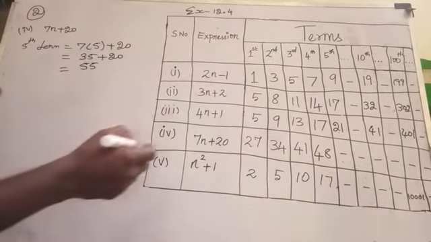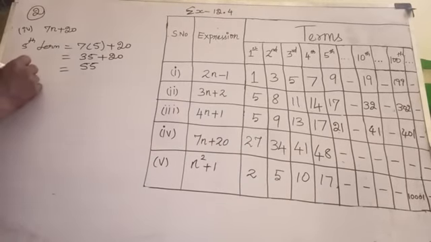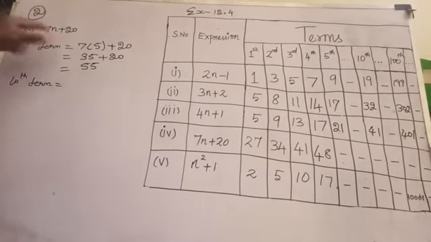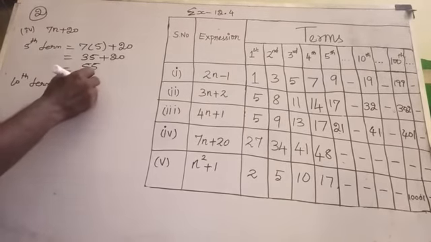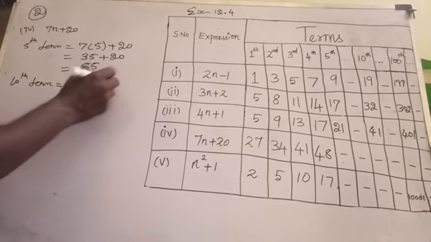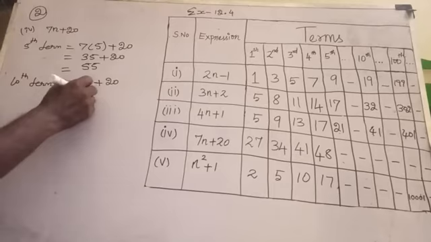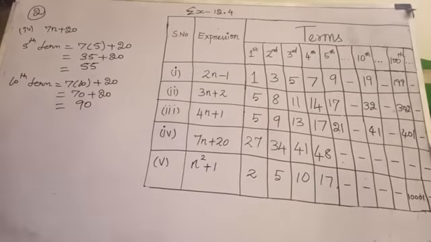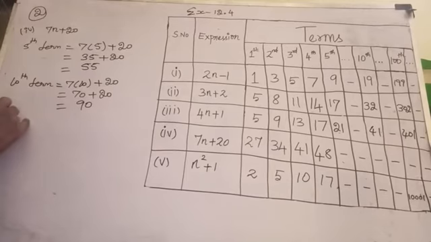And then the 10th term. Replace n by 10, that is substitute the value of n equal to 10 here. So 7 into 10 plus 20, 7 tens are 70 plus 20, which is equal to 90. After that, you have to find the 100th term of the expression 7n plus 20.